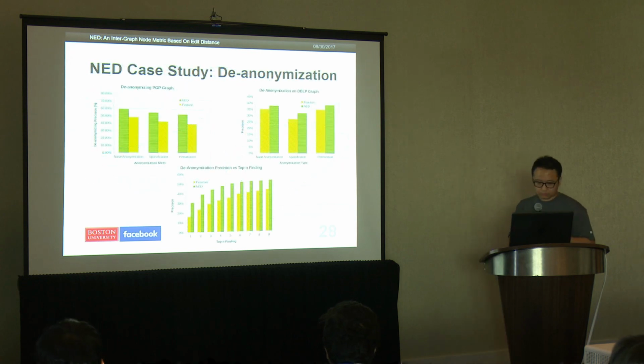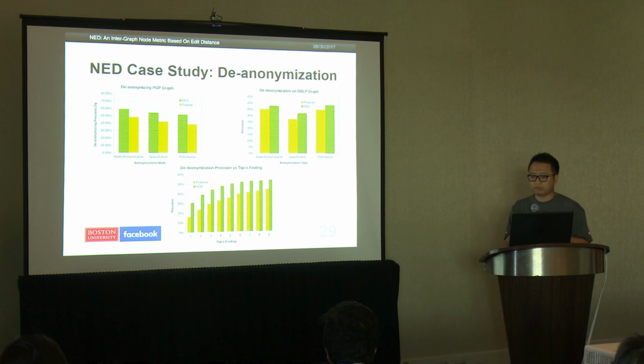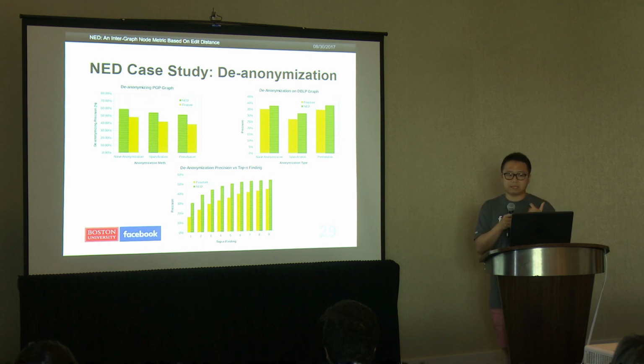And then we use de-anonymization as a use case to evaluate this node similarity. We examined the common anonymization algorithms. One is the naive algorithm, which just hides the identifier, and one is a specification, and one is a permutation. We compare with another node similarity, which is feature-based.